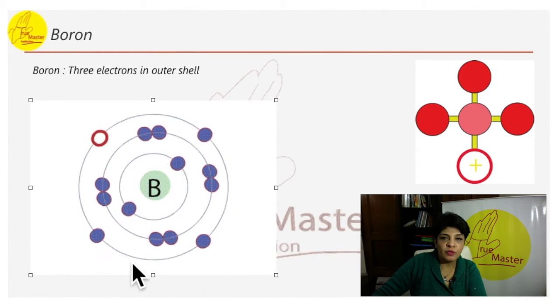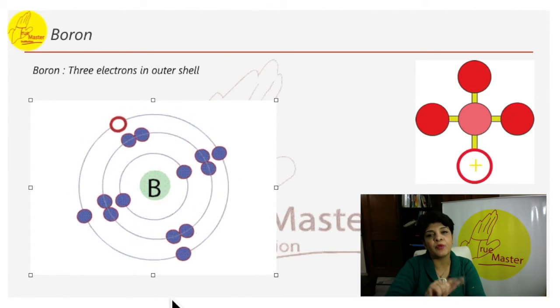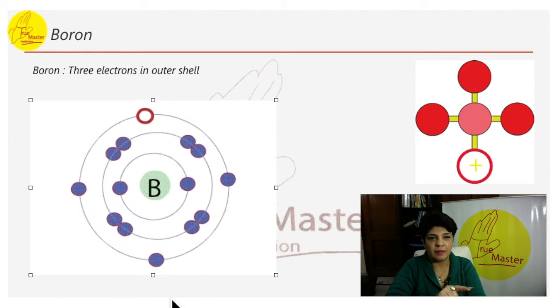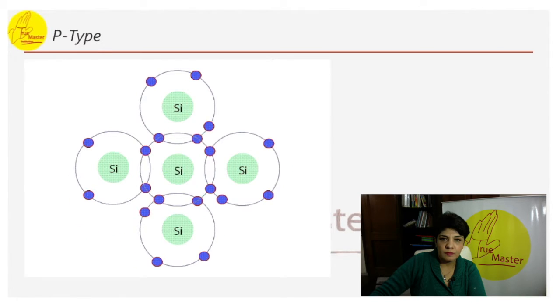What happens, we are going to see once we add this boron as an impurity in pure silicon. It will become extrinsic but p-type. Let's have a look. Before I play this animation, let me explain: p-type is an extrinsic semiconductor with an impurity, and the impurity that we are going to add now is boron.